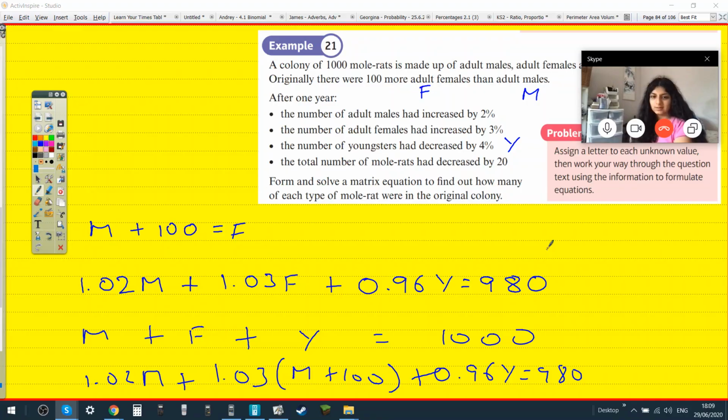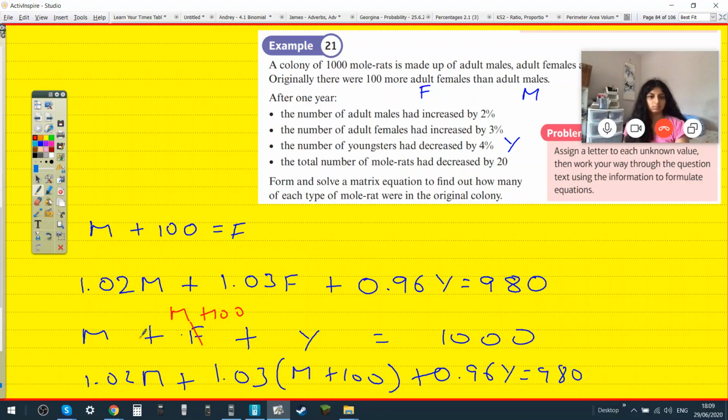Wait, maybe you should expand the m plus 100 first. You had to be clever about it. So you have m and y. So you see this f here. You could also say that is m plus 100.